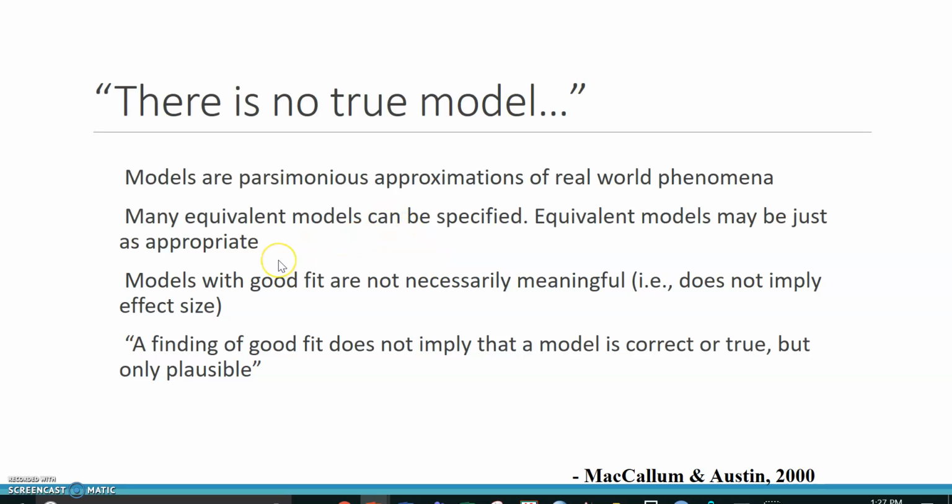And so just because a model fits the data doesn't necessarily mean it's meaningful. We're not talking about effect size. It's not like, oh, this is such a great thing, this is a huge impact. It just means that the data support the theoretical model that you drew. It doesn't mean that that model is true or correct. You could have multiple models with similar fits. You could have multiple models and one has good fit and one has bad fit.